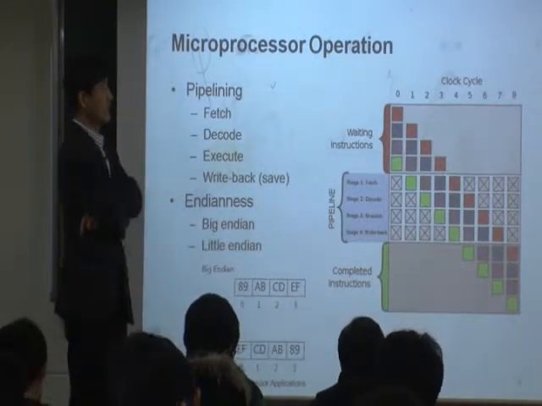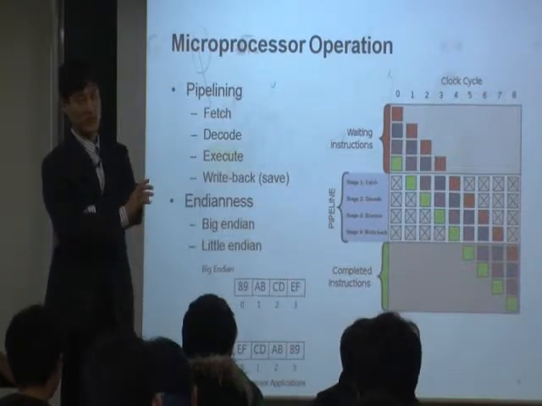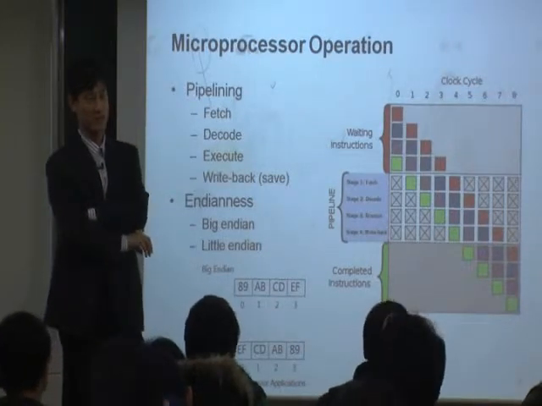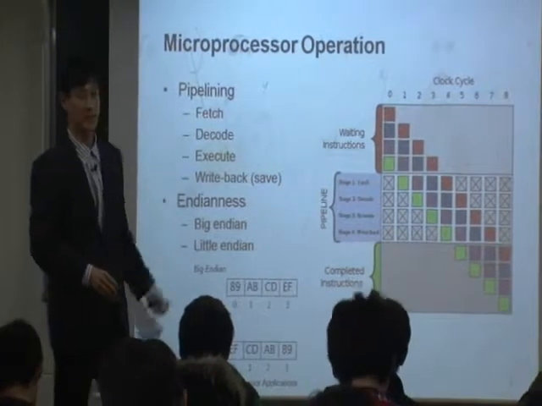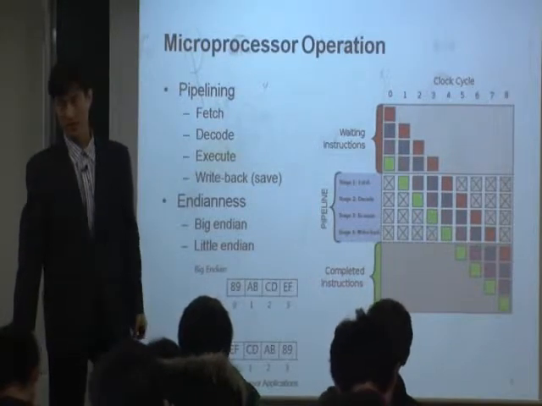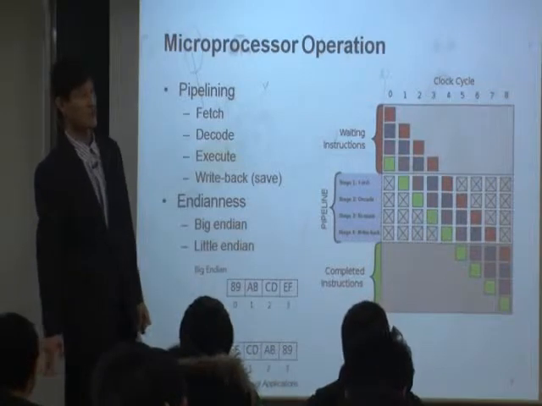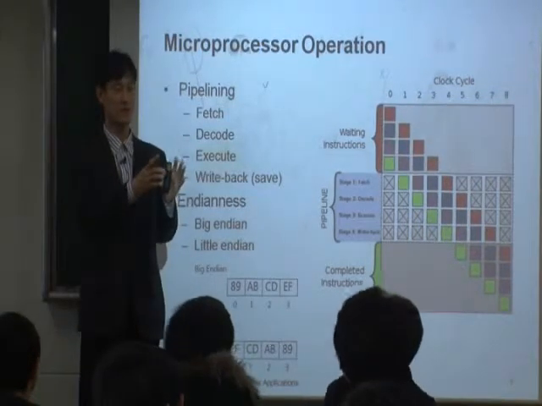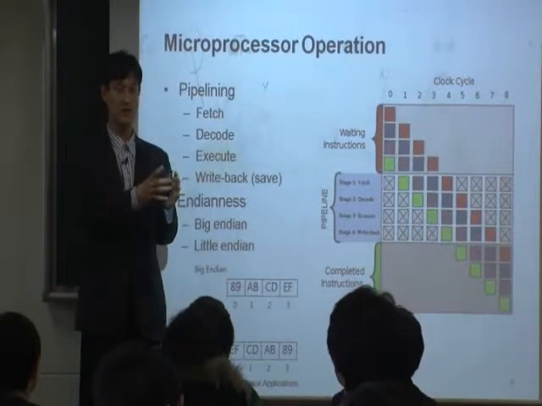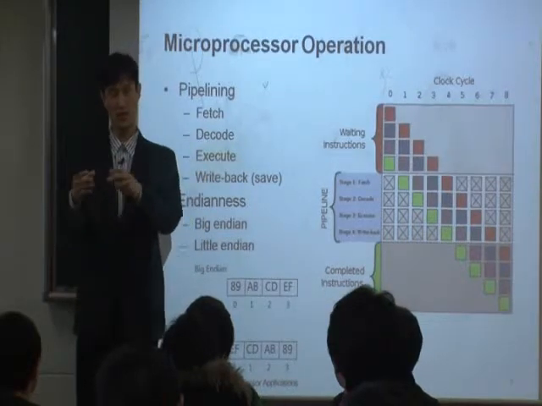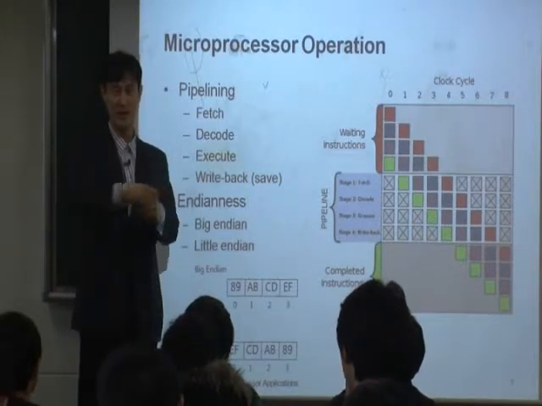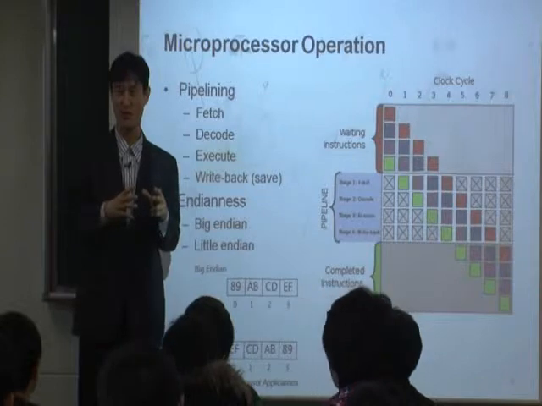Now, a very, very important concept in microprocessors: there's a concept called pipelining. Maybe some of you buy computer parts like a CPU, video card, and main board one by one and put them together to make your own computer, right?